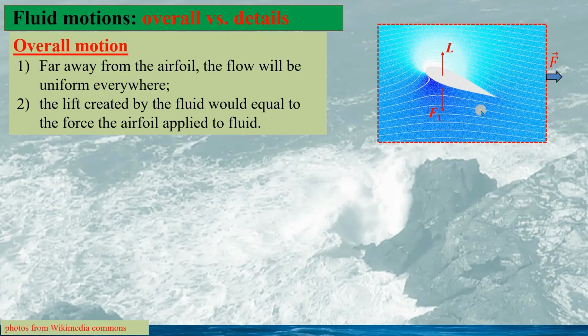Overall, we know the fluid would generate a lift on the airfoil, and the airfoil would exert a force on the fluid based on Newton's third law of motion. This is why the fluid near the airfoil would change direction due to the force of the airfoil acting on the fluid, F1.